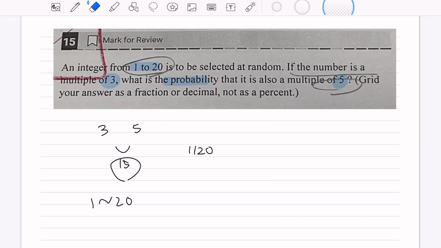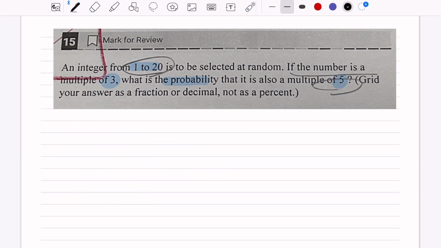So you have to go through the process of narrowing down the numbers from 20. It says if the number is a multiple of 3, so you have to think only of the multiples of 3, which are 3, 6, 9, 12, 15, 18, and then 21, which is over 20.